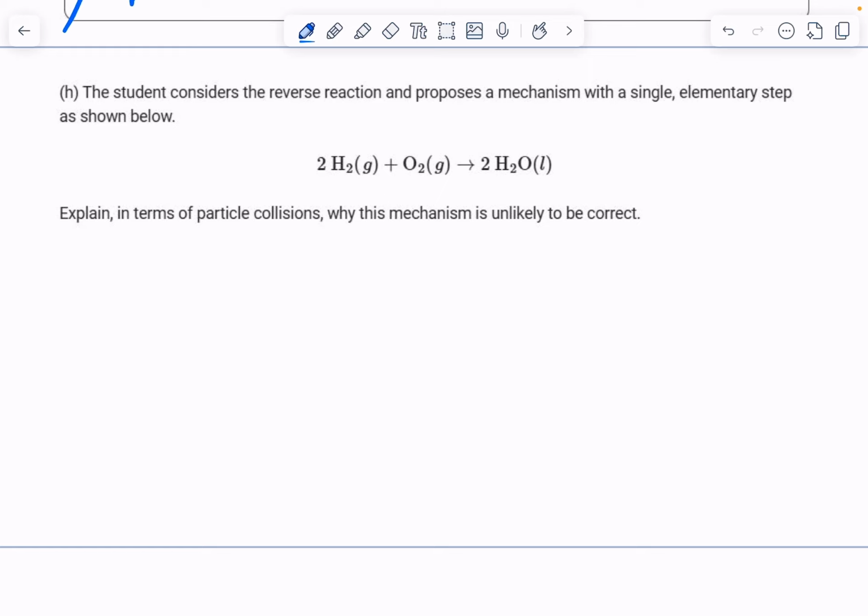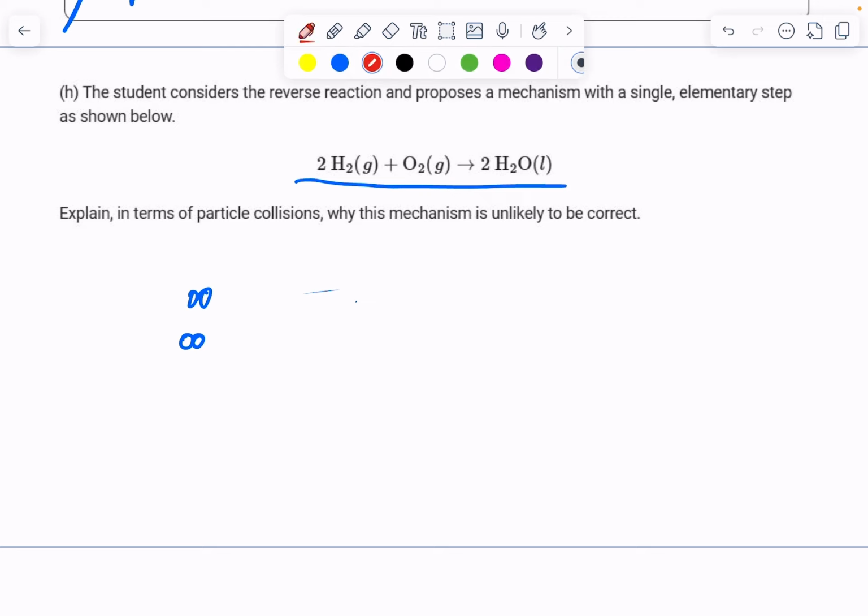Okay, the reason why, if this is the single or an elementary step, what it's trying to say is we have these two H2 particles and an O2 particle. O2 should be a little bigger. Maybe hold on, I'm gonna erase it.